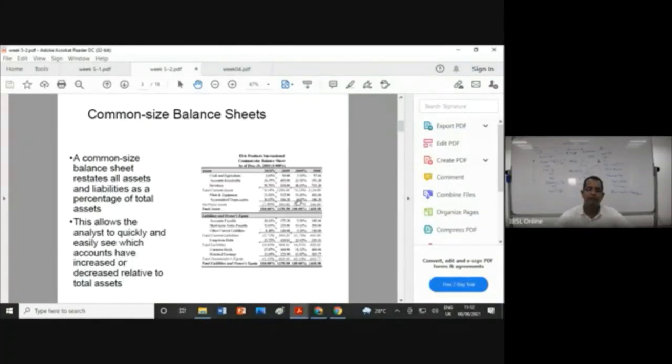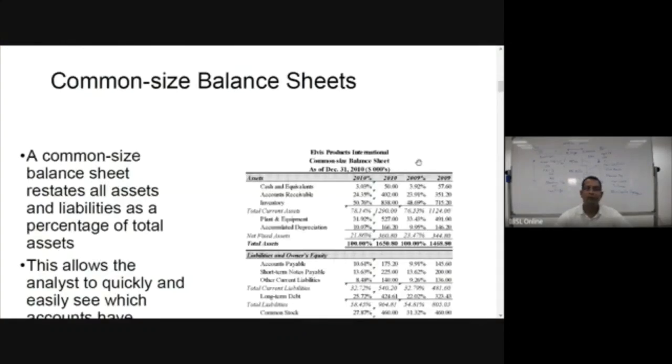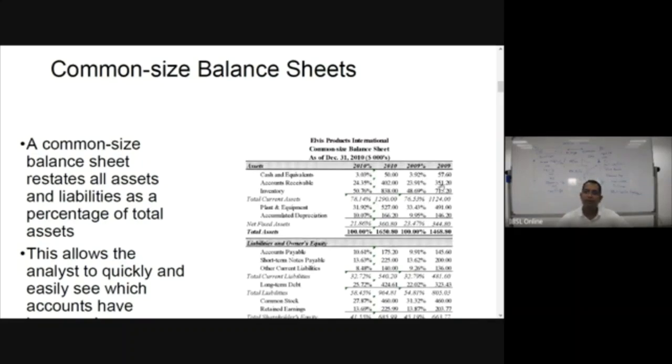See this statement. Right? Everything is represented as a percentage. Total asset is 100%. All other items are given in percentages. This is the normal one.